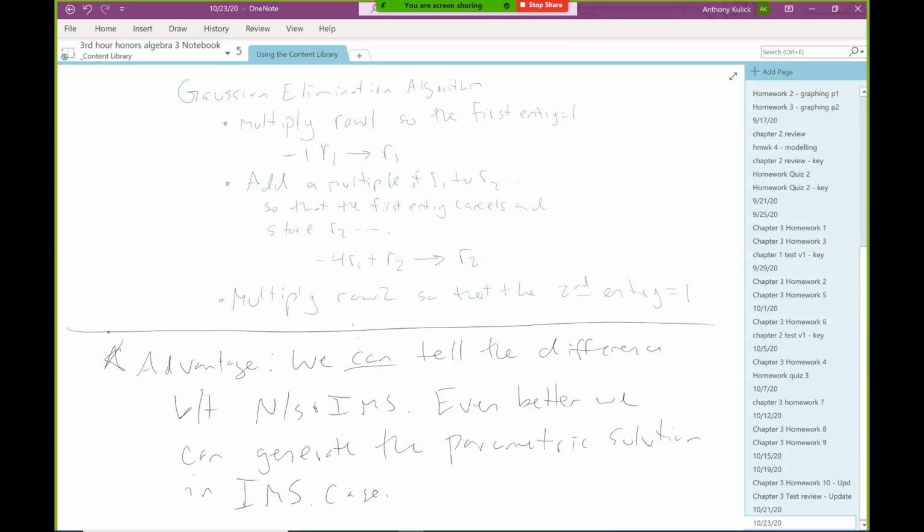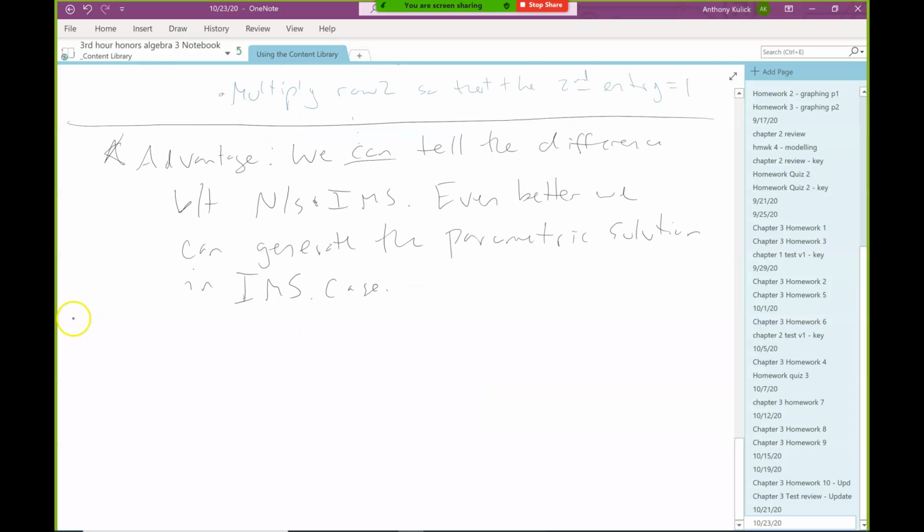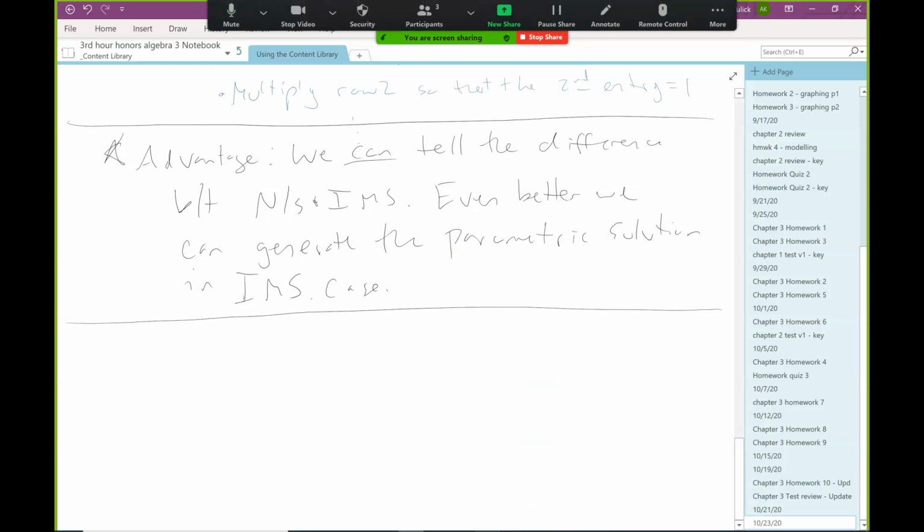Okay. So it's time to take out our calculators because we're about to do some examples of these methods using our calculator.